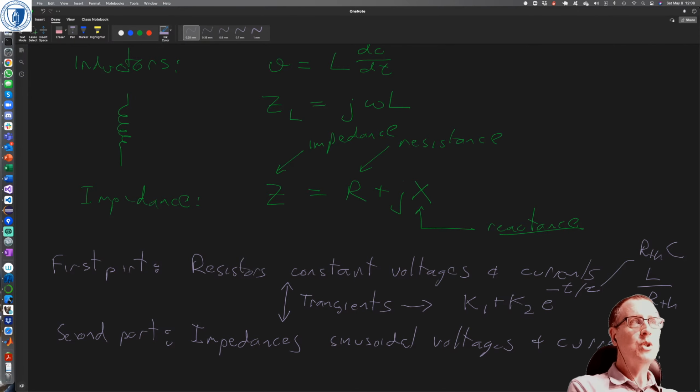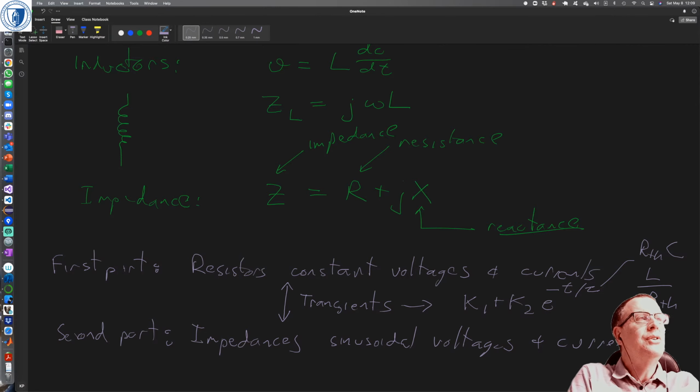I haven't talked about transients in circuits with all three, resistors, capacitors and inductors, because that sort of circuit will generate a second order differential equation, and the solution to a second order differential equation, if you remember your maths, is going to be a damped sinusoid.